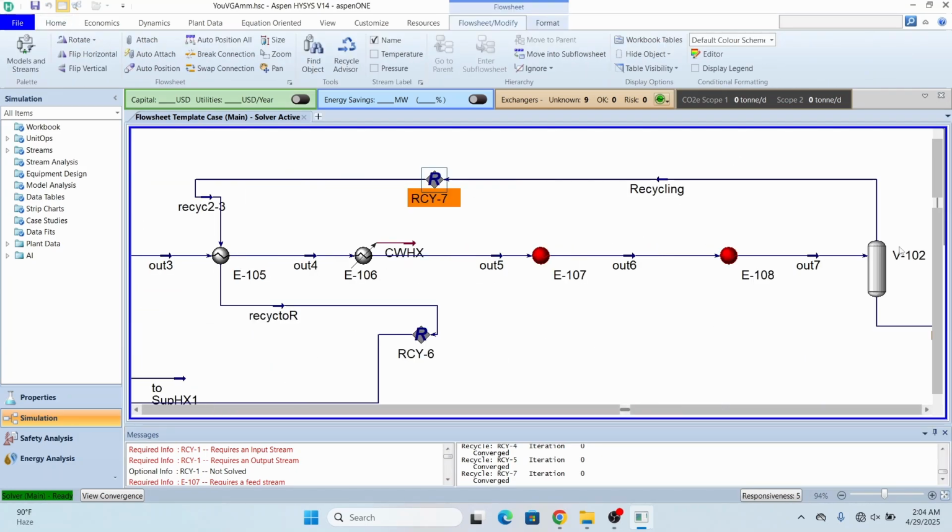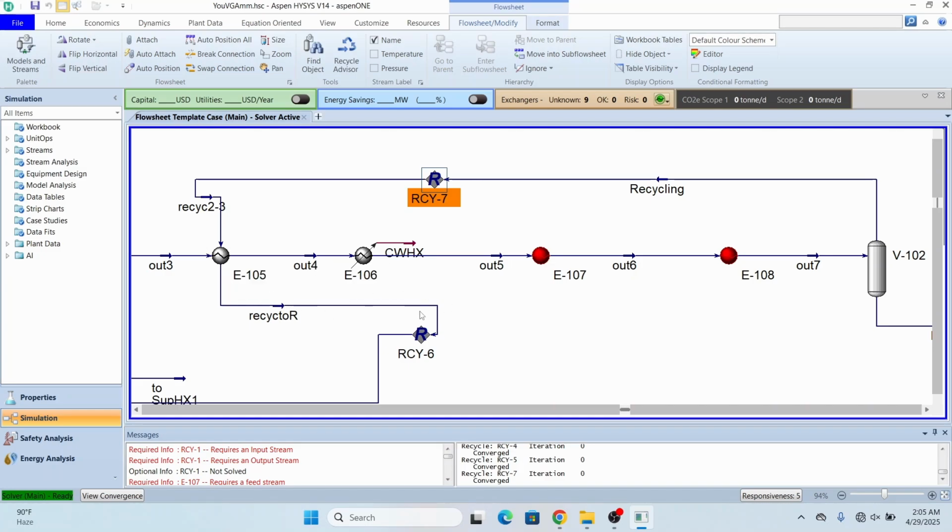So what we have done is, from the separator, the unreacted, or you can say unconverted, nitrogen and hydrogen was at 3 degrees. The temperature was reduced to 3 degrees because we wanted to separate out ammonia. So this 3 degree unreacted nitrogen and hydrogen is heated by a heat exchanger that was present at the downstream of our ammonia conversion reactor.